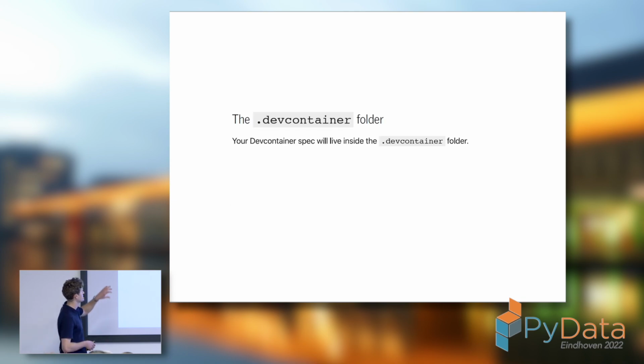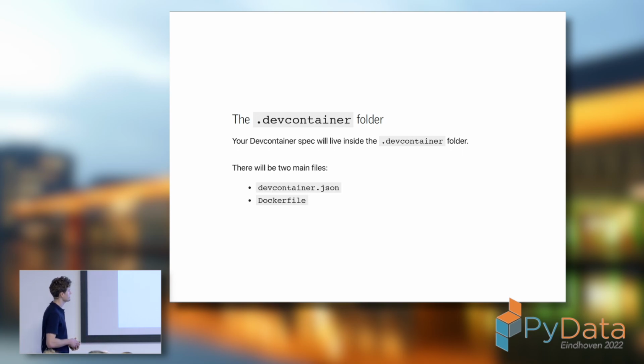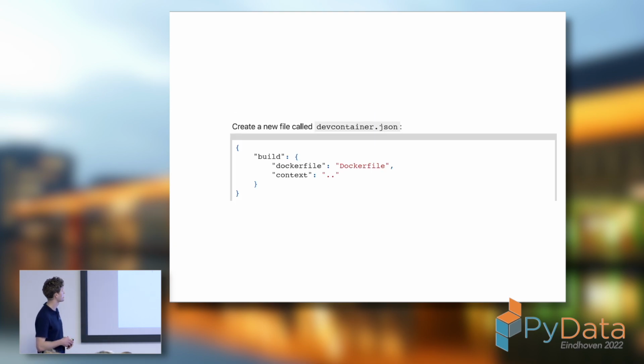And then we're adding a .devcontainer folder. In this .devcontainer folder, we're adding 2 files, devcontainer.json and a Dockerfile. We'll start with the devcontainer.json. I put in here the most minimal amount of JSON required just to create a dev container. We'll be extending it later.